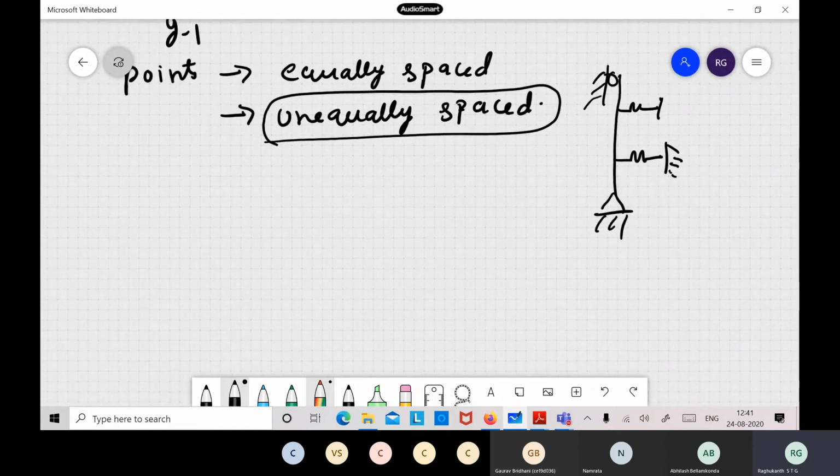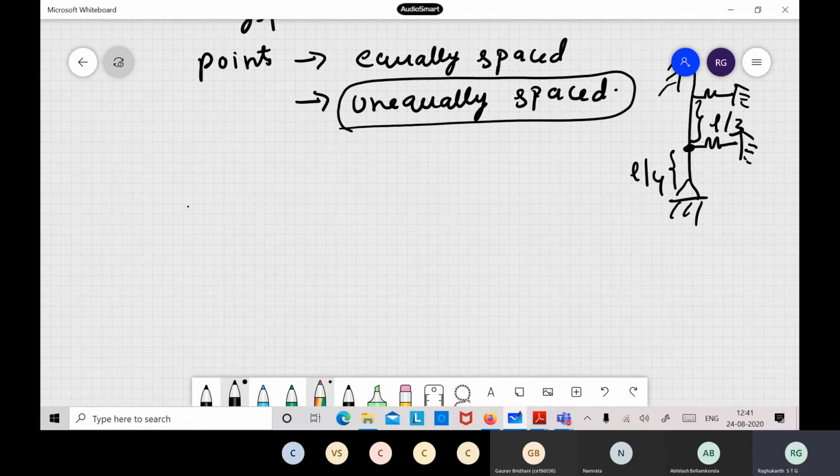You may be interested in putting a grid point here, so let us say this is L by 4, whereas this is L by 3, like that. Then sometimes this type of unequal spacing may help. And the other case is if you have a stepped column, like we already solved, and then suddenly you see the section is increasing.